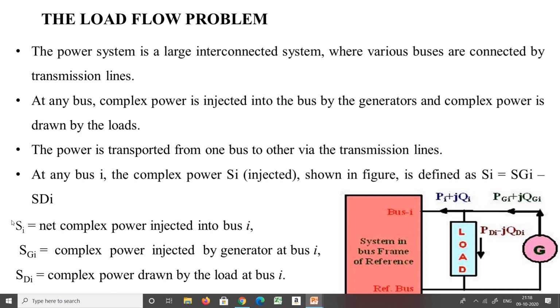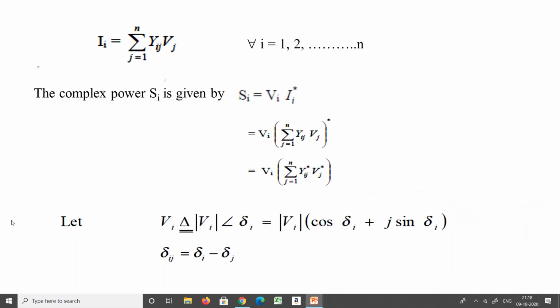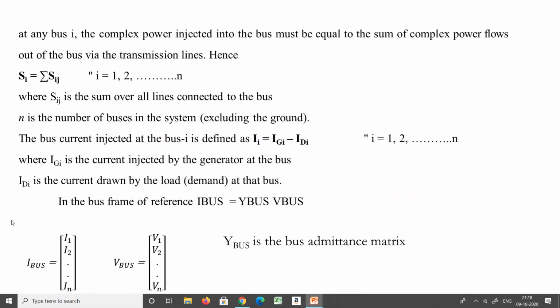So these are the load flow problem to calculate, and how to calculate. For example, there is a complex power S equal to P plus jQi, and this will be equal to the sum of the complex power.